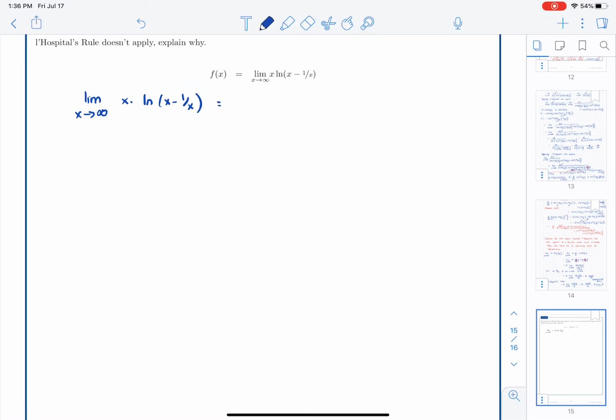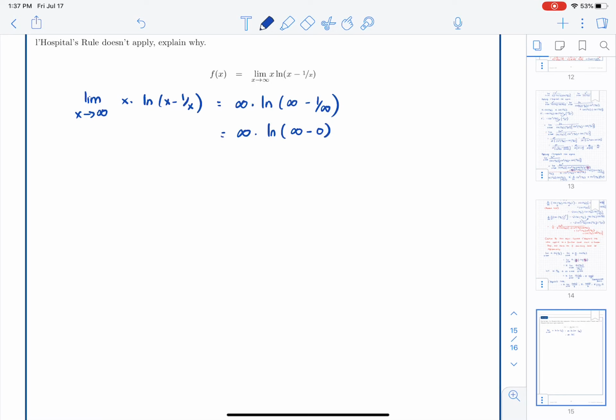And let's say this is an indeterminate form to begin with. So we have infinity times ln of infinity minus 1 over infinity. Infinity times ln of 1 over infinity, which is 0.